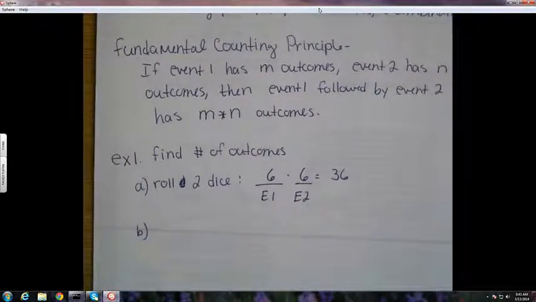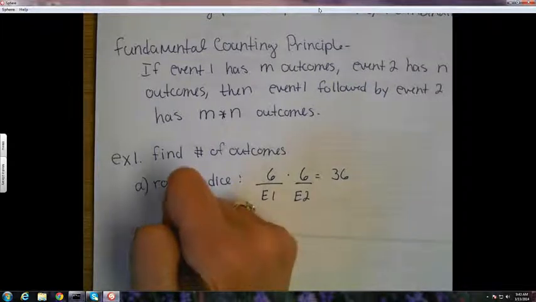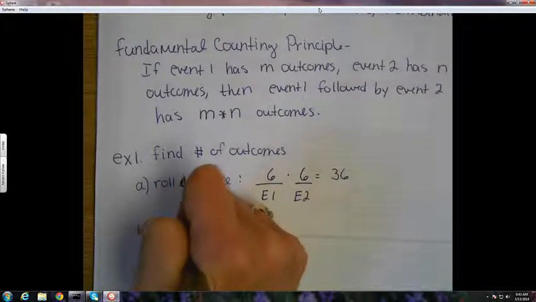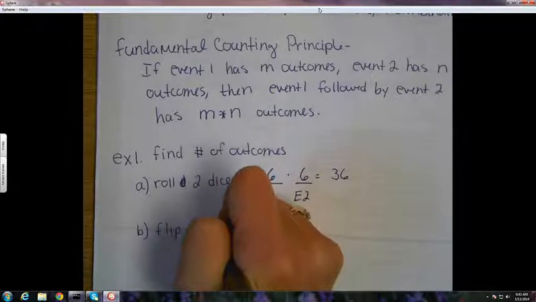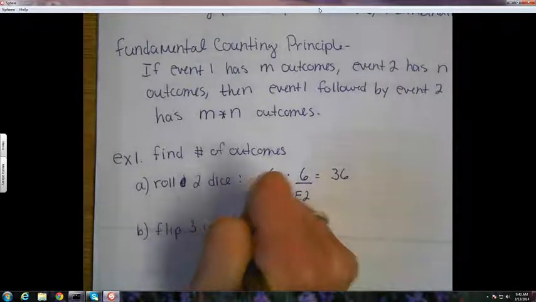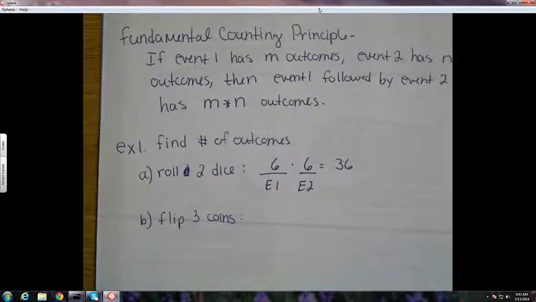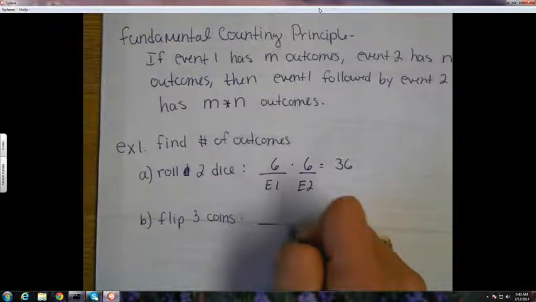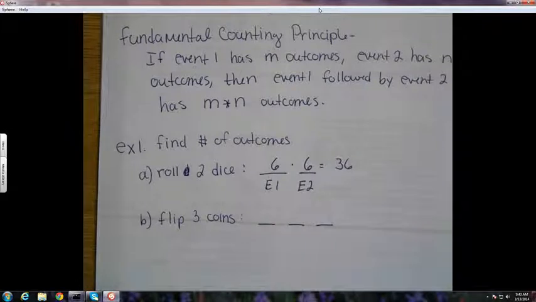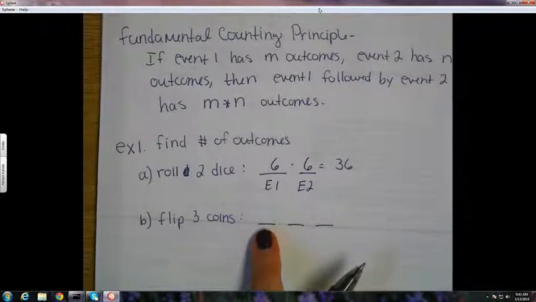Then we looked at, I think we flipped 3 coins. Flip 3 coins. How many events am I doing? 3, so I need 3 dashes. Each dash represents an event. So how many outcomes are there for my first event if I'm flipping a coin? 2.